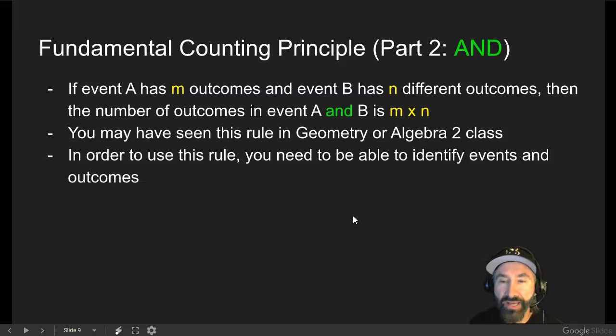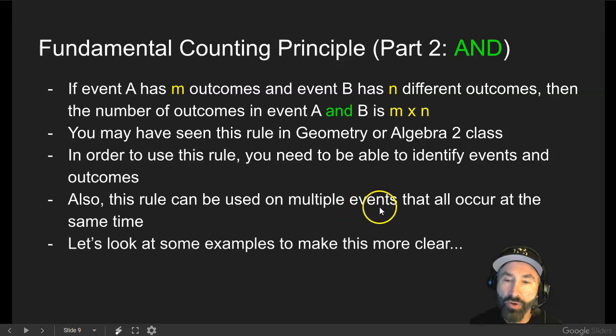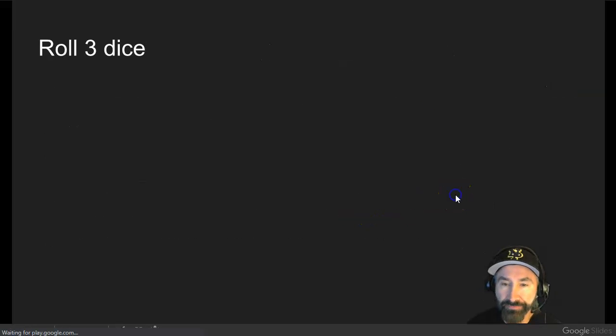Because of that, I am about to give you some examples of events and outcomes. I want to point out that this rule is way more powerful than it looks. It's not just if you have two events that occur. It can be used if you have multiple events that occur at the same time. Okay, so let's take a look at some examples.